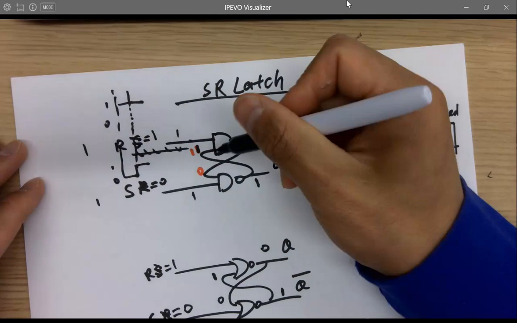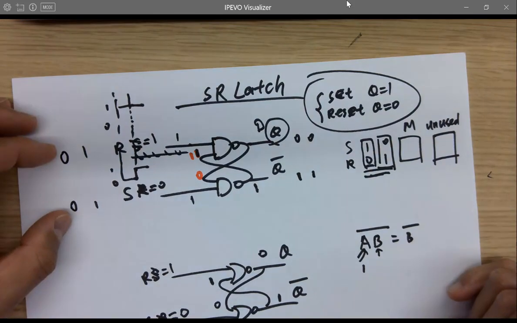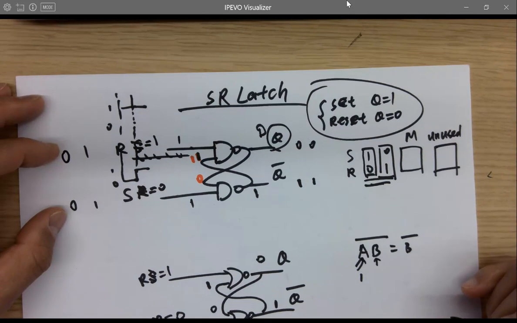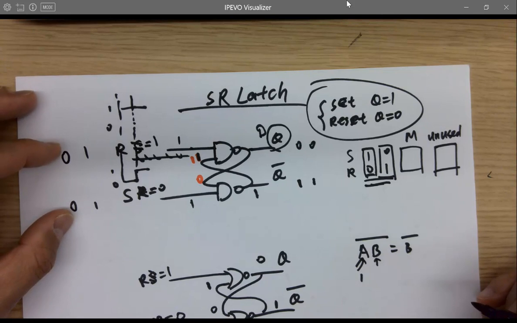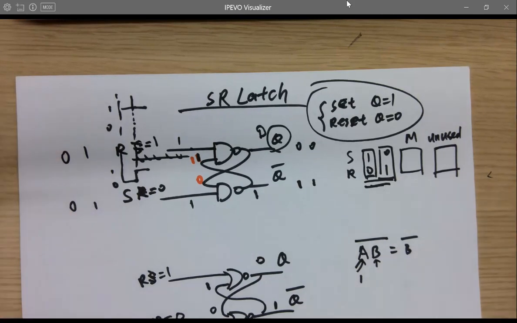But when you use a NAND gate structure, if you have a 0, 0, sometimes they'll say it's illegal, it's not being used. Sounds like you are going to burn something in the circuit, but actually it's not. What's going to happen? Or will that confuse the latch? The latch doesn't really mind.